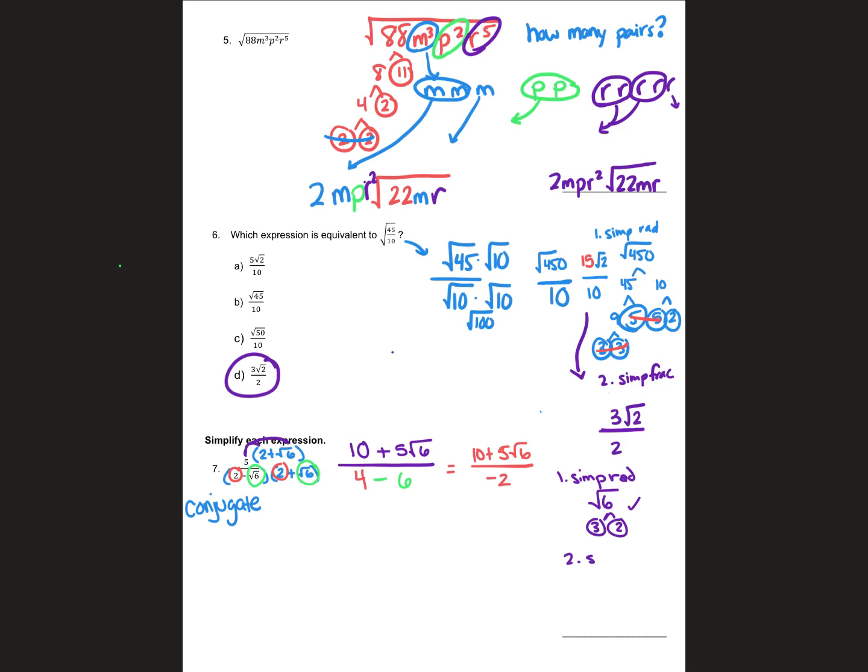And then we have to simplify the fraction. When you simplify the fraction, you have to check all of these locations. So the coefficient of a radical plus the other numbers. There's nothing I can divide all of these by, and so therefore that was my final answer: 10 plus 5 radical 6 all over negative 2.